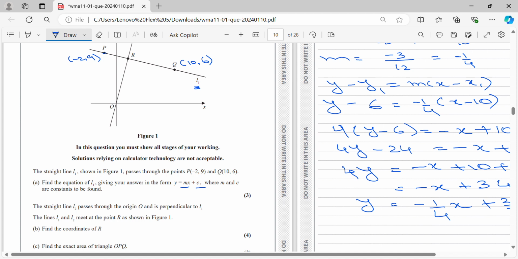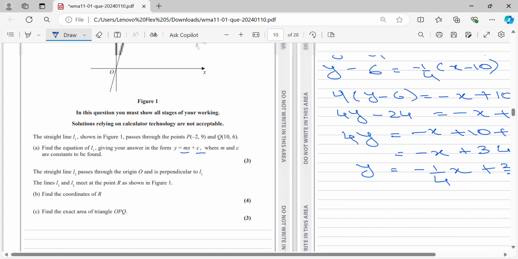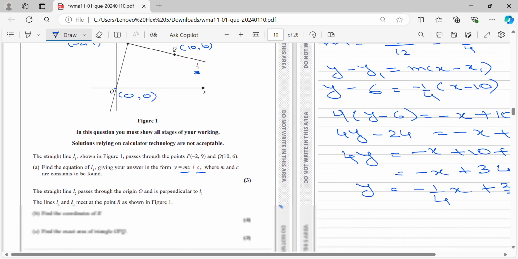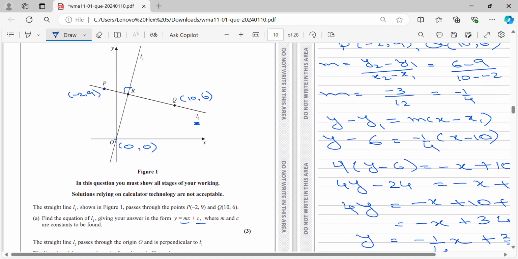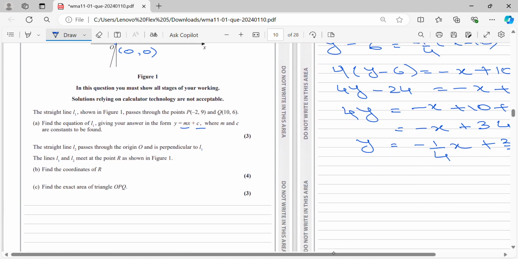Next part: the straight line L2 passes through the origin O and is perpendicular to L1. So this is the line L2, perpendicular to L1 and passing through O. O means origin, so x and y are 0, 0 here. Because this line is perpendicular to L1, the gradient will be the negative reciprocal.